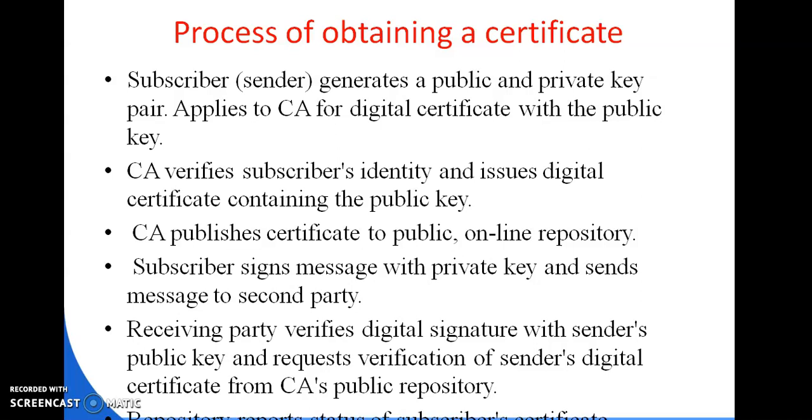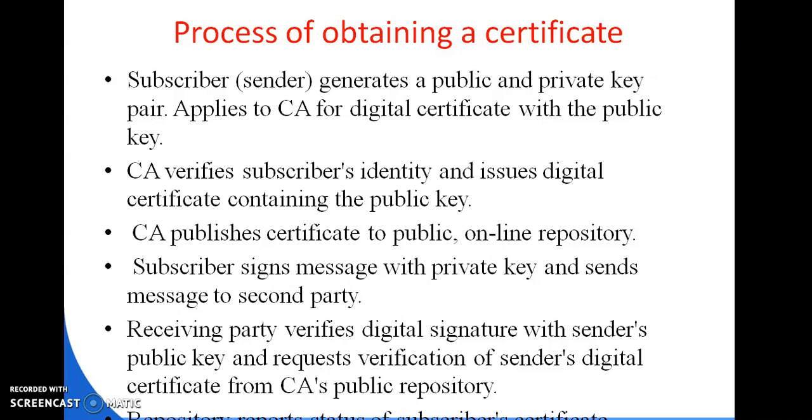First, the sender generates a public and private key pair and applies to the CA for a digital certificate with the public key. The CA verifies the subscriber's identity and issues a digital certificate containing the public key.